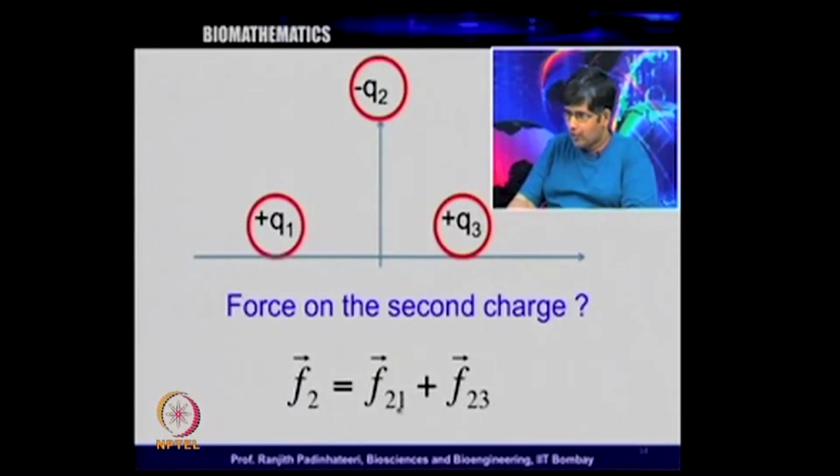F21 means force on the second charge due to the first charge. So, force on this charge due to this charge plus the force on this charge due to this charge. So, there are 2 vectors and the sum of these 2 vectors is the total force, the resultant force.